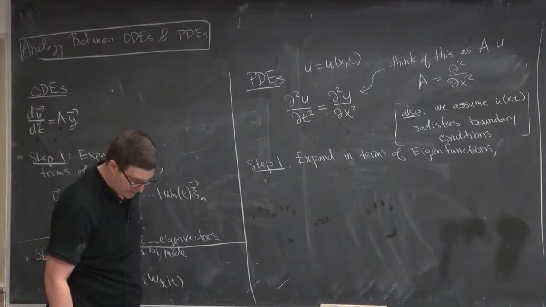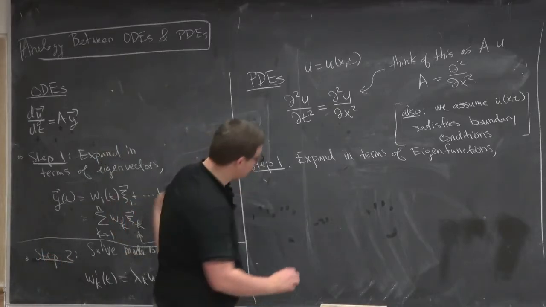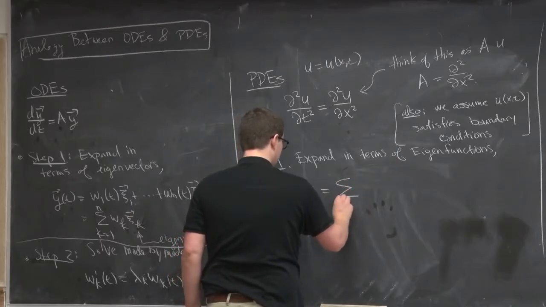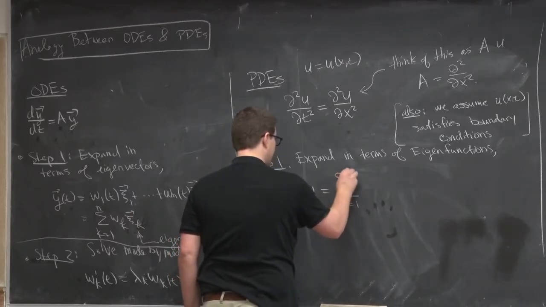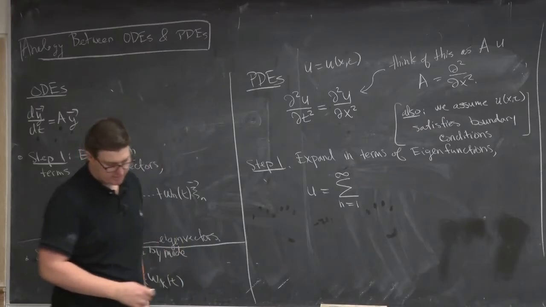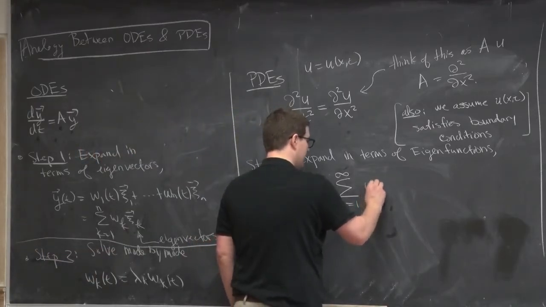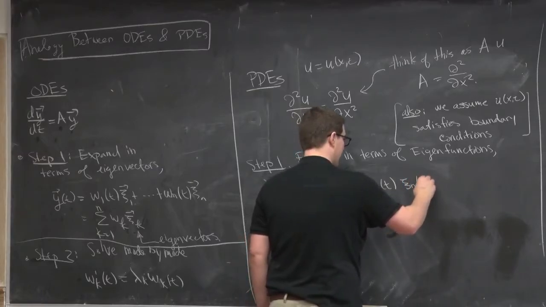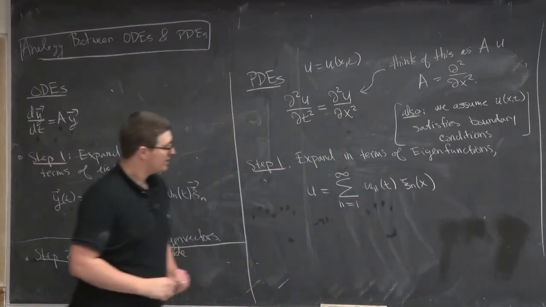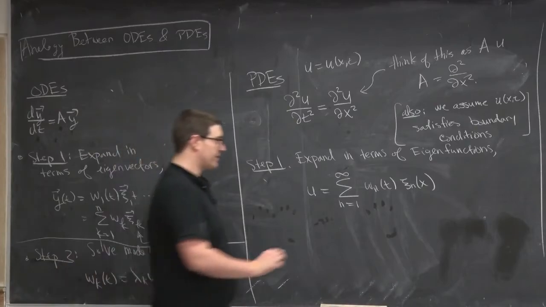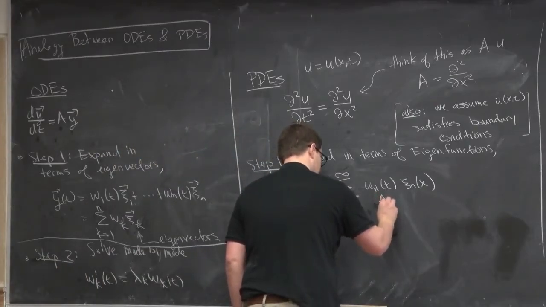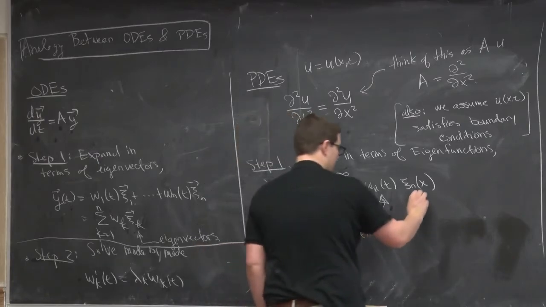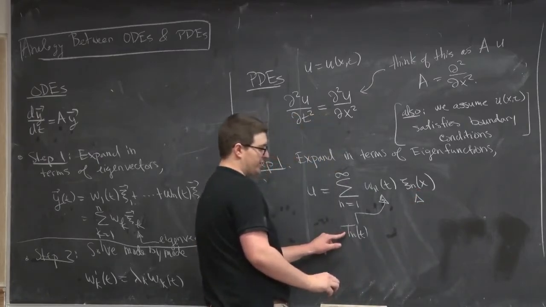So here we write the solution u as a sum from n equals 1 up to infinity of, well, we can call this w_n(t) c_n(x). Yesterday we called this thing T_n(t), and I put some coefficients in here yesterday, but I'm just going to absorb the coefficients into this.